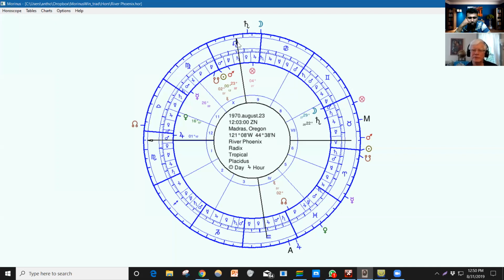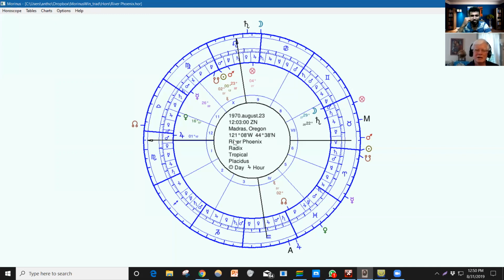From the midheaven to the ascendant is approximately 90 degrees, or on the equator, exactly 90 degrees in right ascension, and each degree is a year of life. This is the first 90 years of life represented. Nowadays, people are living longer, but once you get into the ninth house, you're beyond the human lifespan.